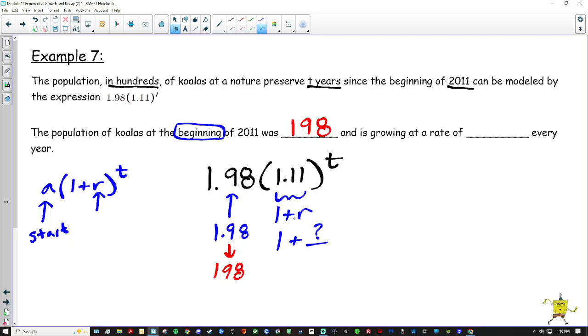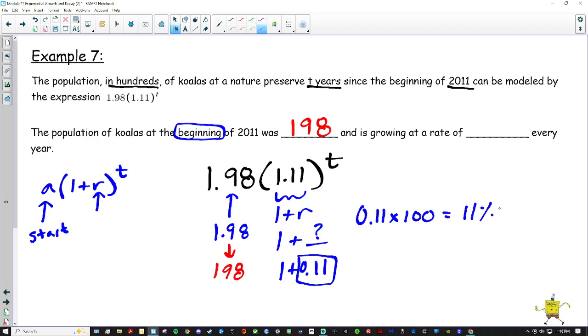Well, we would have to add 0.11. This is our growth rate. Remember, we want to write it as a percentage. So we're going to take 0.11 and multiply it by 100 to get 11%. 11% every year.